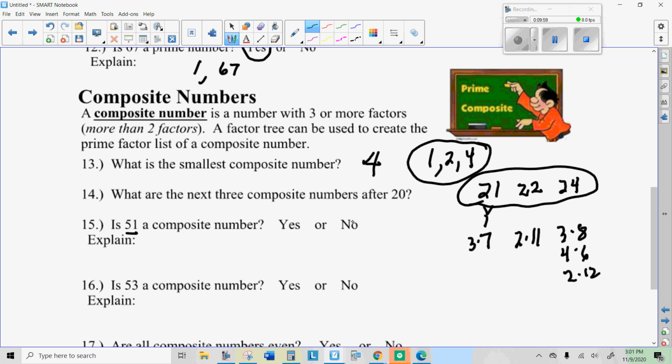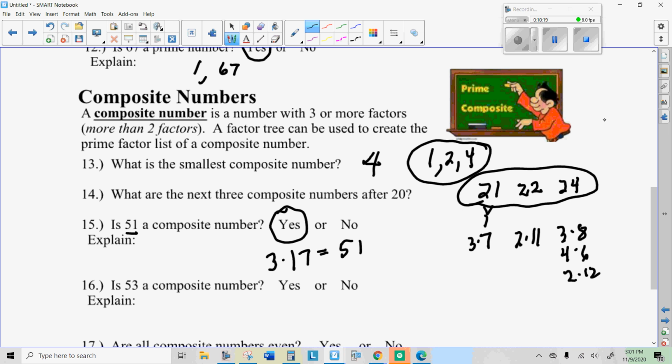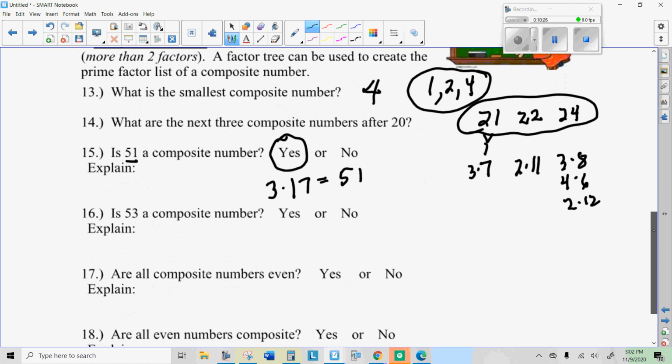The first odd number I would try is 3, and then 5, 7, those kinds of things. Yeah, 51 is divisible by 3. It equals 17. So there's something other than 1 times 51 that gives you 51, so it's composite.